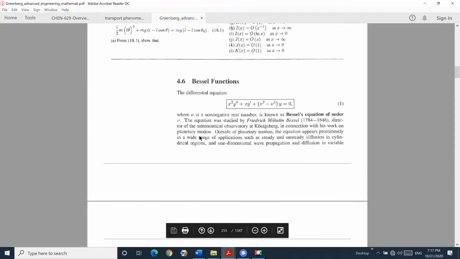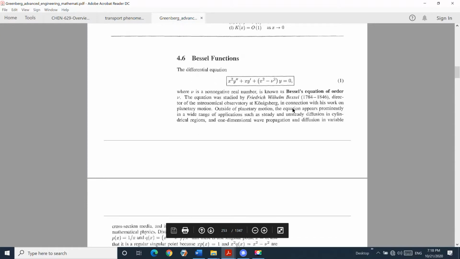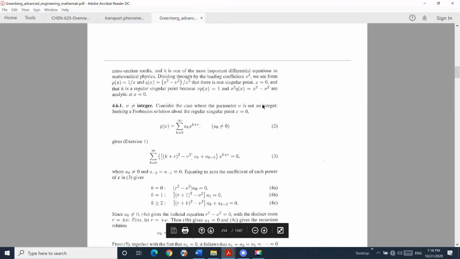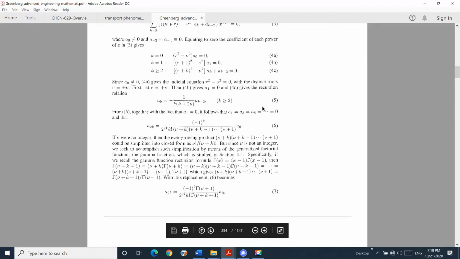If you go to section 4.6, here we see the Bessel function and differential equation and how to solve it, the concept of the Bessel function.